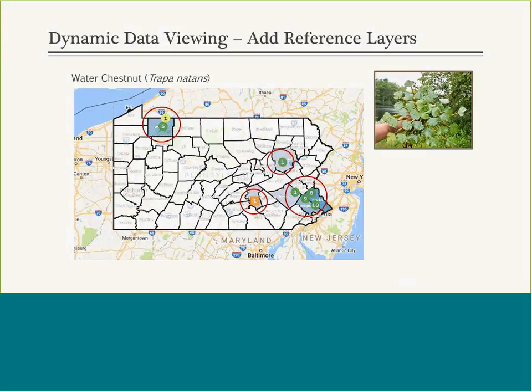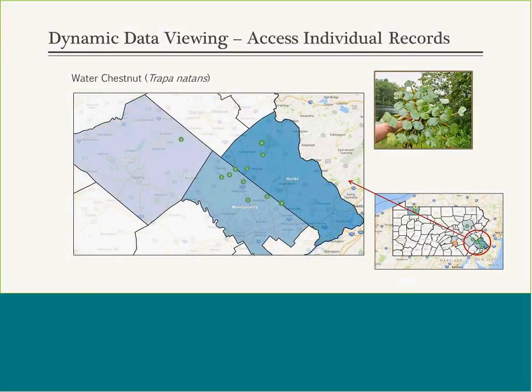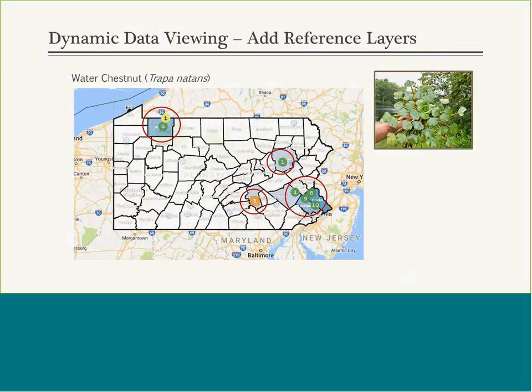So turn on the county layers, and I'm going to use that distribution information to get a better understanding of which counties are impacted. But a little bit more than that, you can zoom in on the map and really see where those places are that water chestnut is being found. And so go back again to the slide.